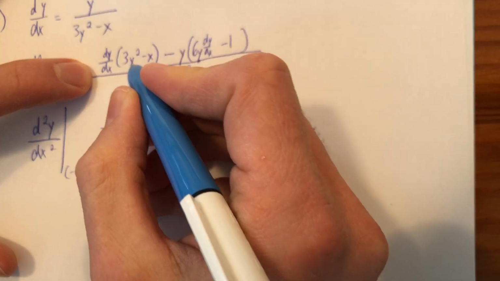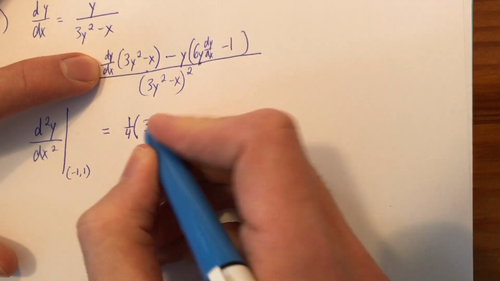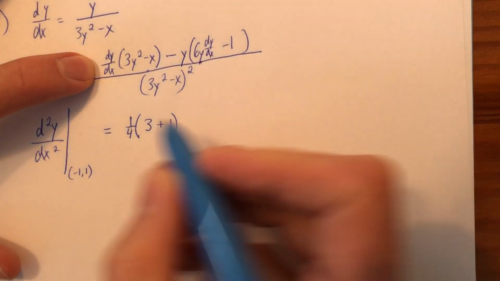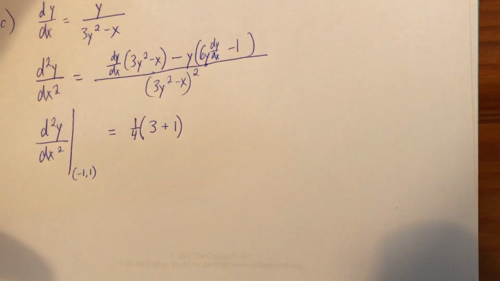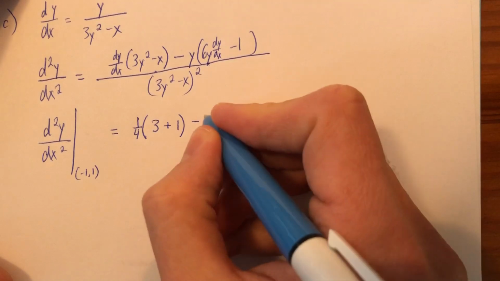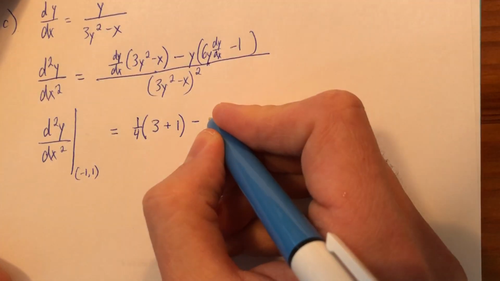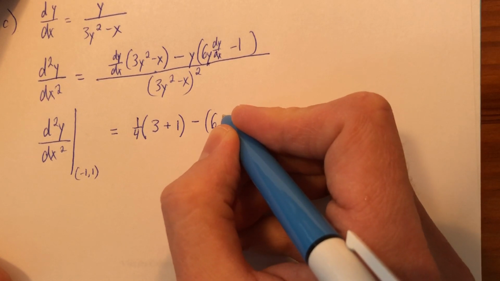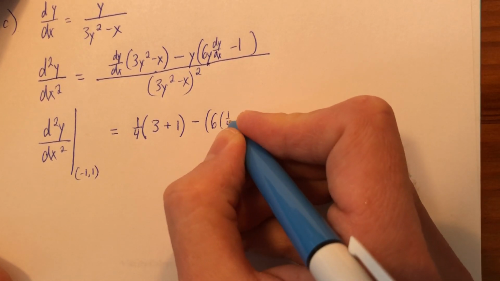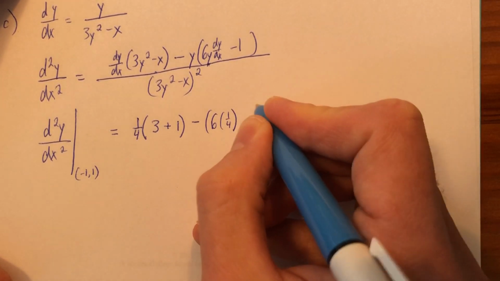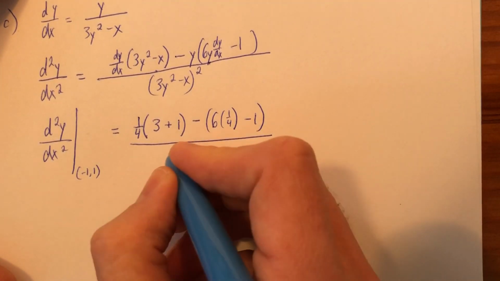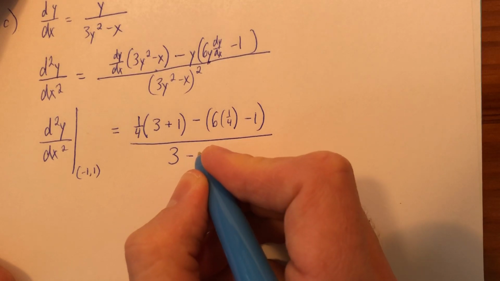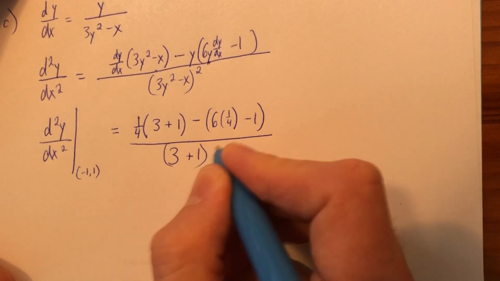And then 3y squared, I'm going to leave some things out, 3 times 1 squared, and then minus -1. Some of this can happen in your head, clearly, but I've already skipped a lot of steps in my head. So minus y is 1. Times 6y, 6 times 1 times 1/4 minus 1, all divided by 3 times 1 squared minus -1 squared.